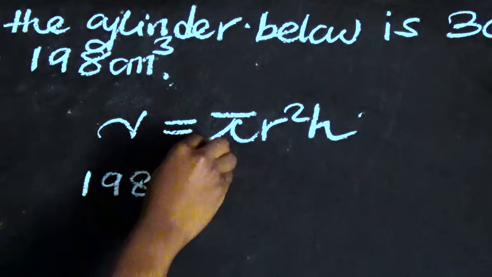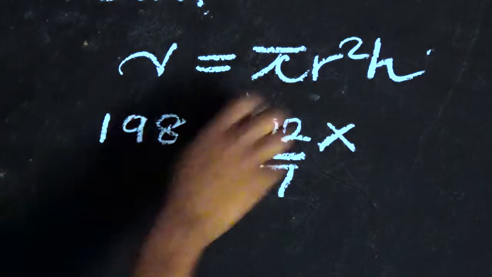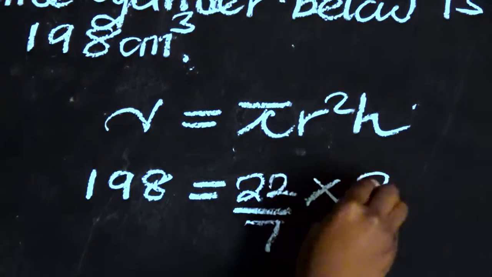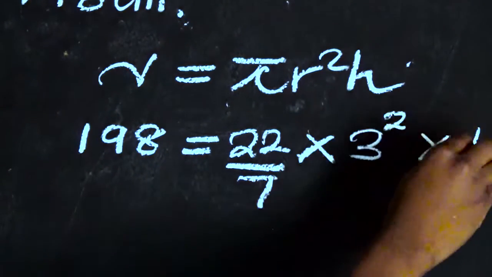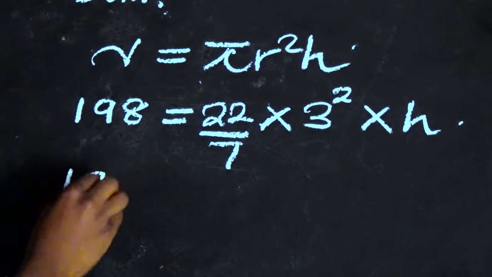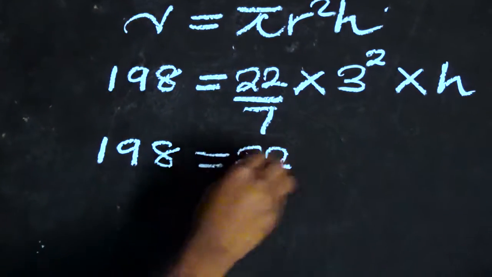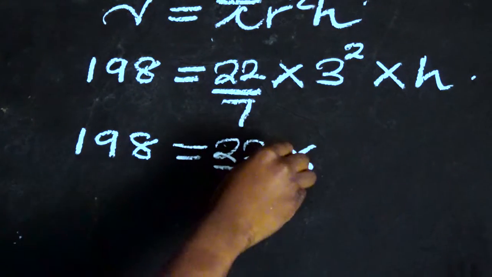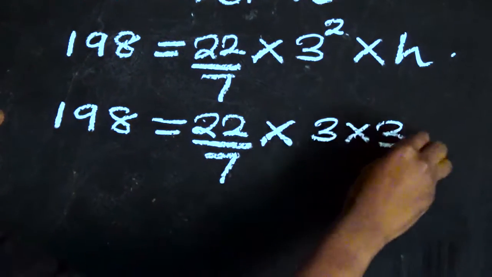Okay, is equal to pi, it's what? 22/7 multiplied by the radius, it's what? 3. So radius has been squared in the formula, so we square 3, right? Multiplied by h, we don't have h, this is what we want. Okay? So 198, to maintain as a volume, is equal to 22/7 multiplied by 3 squared, which is the same as 3 times 3, then times h.